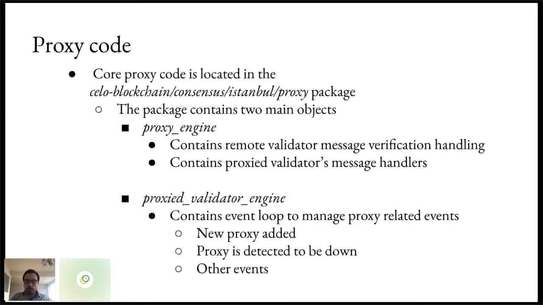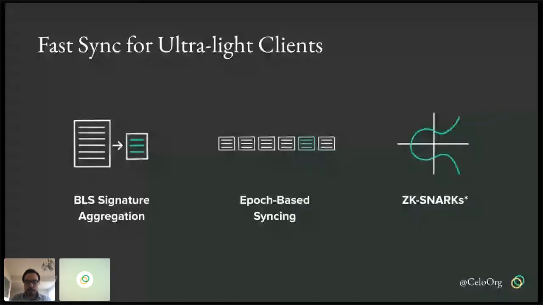All right, so those components that I just mentioned, the IBFT consensus engine, the announce, and the proxy, they all basically encompass consensus, providing security, and providing the fast finality features of our client.